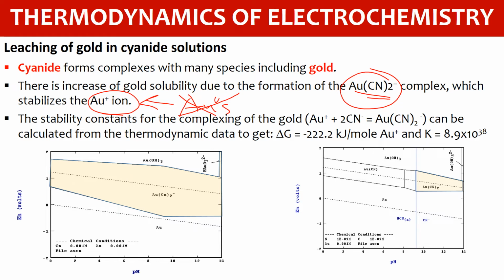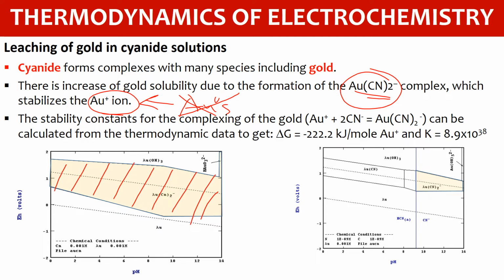So when you look at your regions here, the Eh-pH diagram on the left, you can see that if you eliminate some of the things, the gold cyanides can be formed in these regions. That's the region of stability of Au(CN)2 minus.